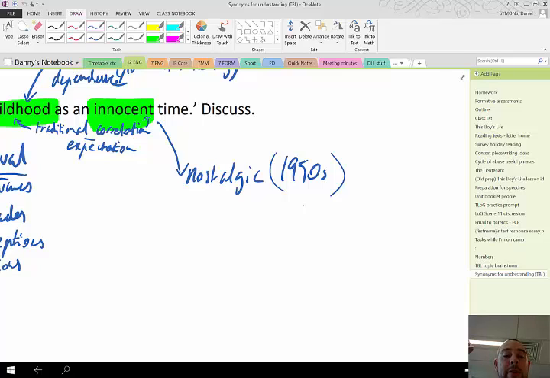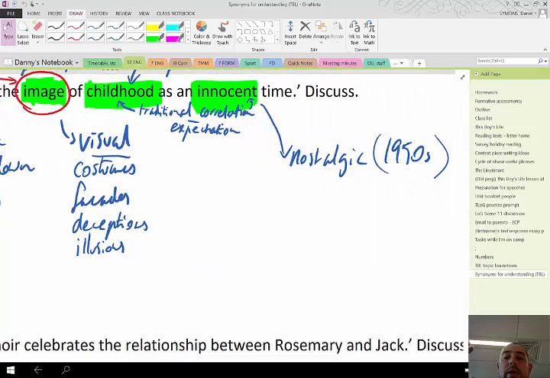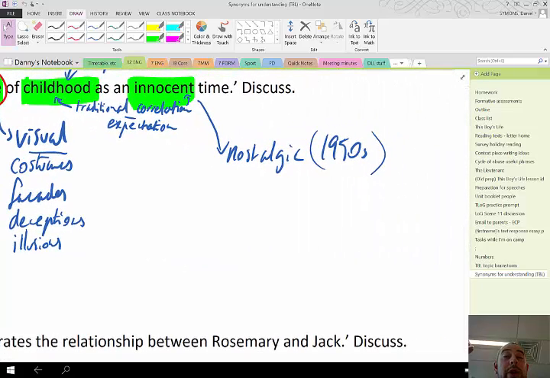So it shatters that view. But the other view that it challenges is the idea that children cannot do anything that's wrong. So children are kind of without agency in that regard. They don't have the ability to do the wrong thing mindfully.